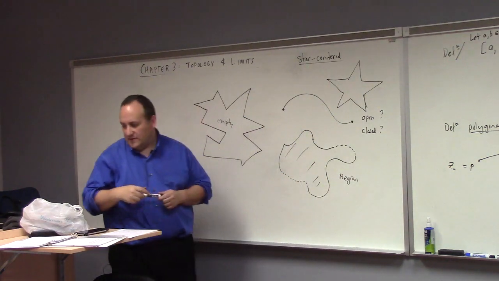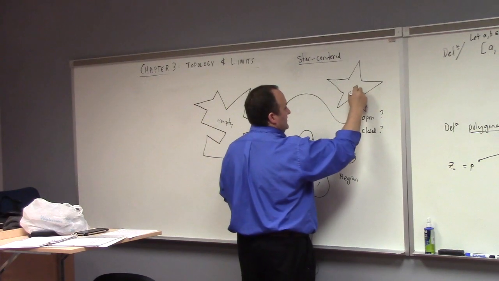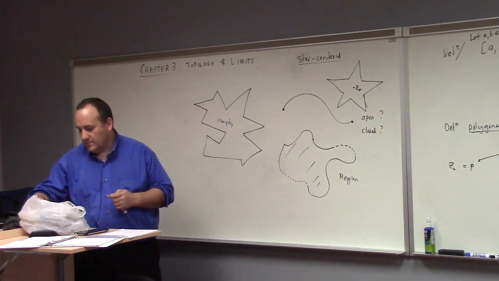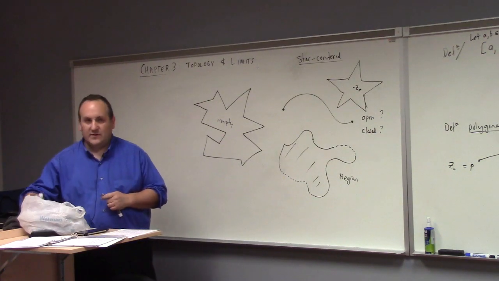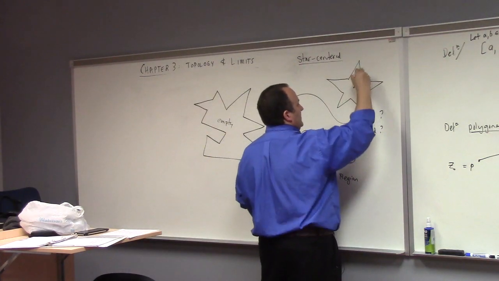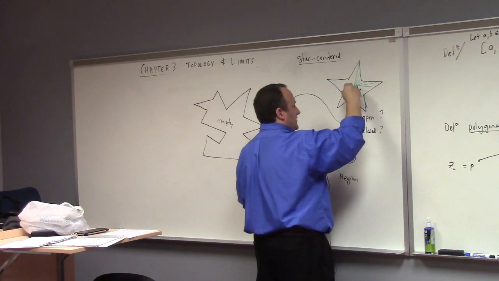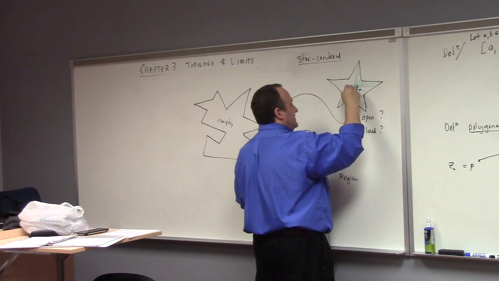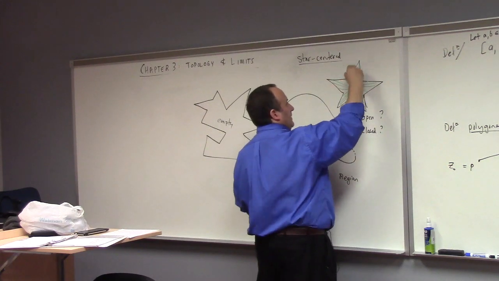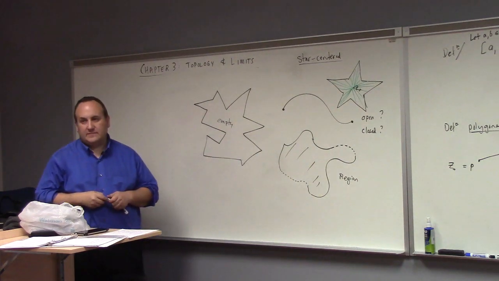The point with a star-centered thing is there's a center point called the star. I'll call it Z star for lack of imagination. And if you go from that, you see what happens? You can get to every other point in the set from line segments that begin at the star center and go on out, right? So if there exists a star center, then the set is said to be star-centered, right? That's a star-centered set.